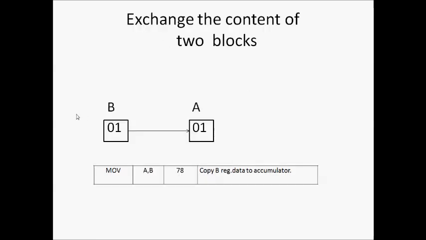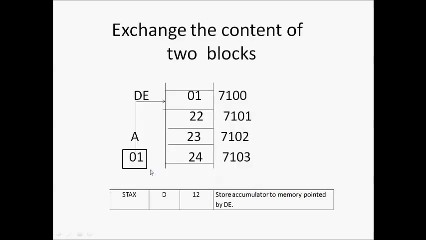Next, register B data 01 is moved to register A with the help of the instruction MOV A, B. Then with STAX D, the register A content is moved to memory location 7100. See here students, instead of 21, 01 is stored in 7100.